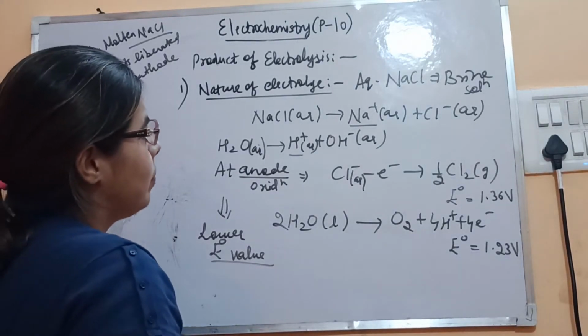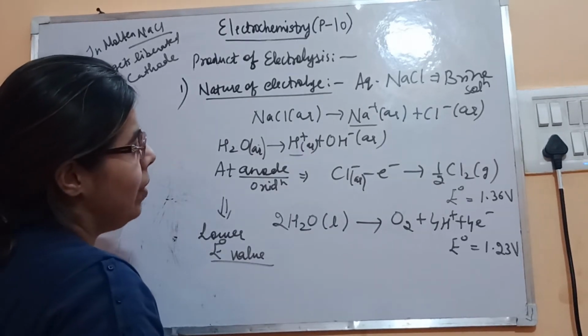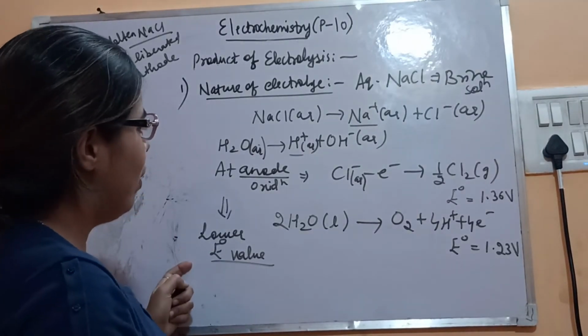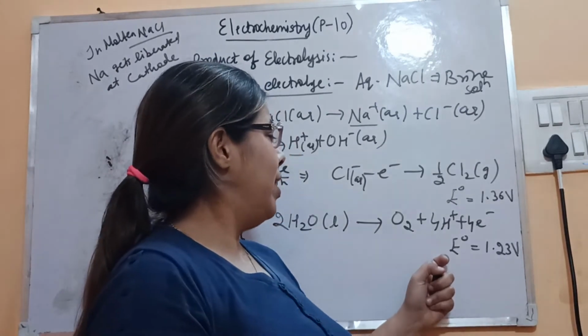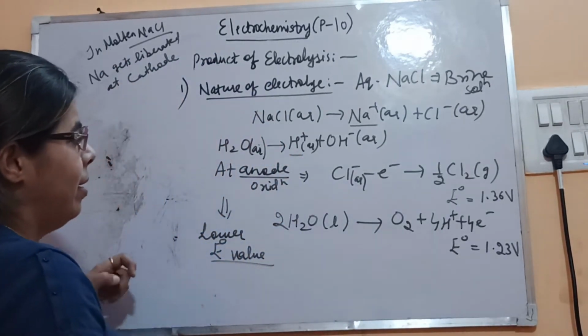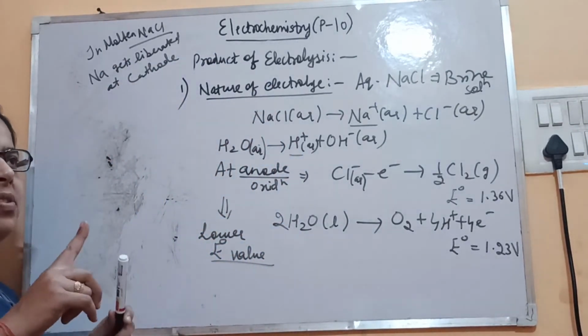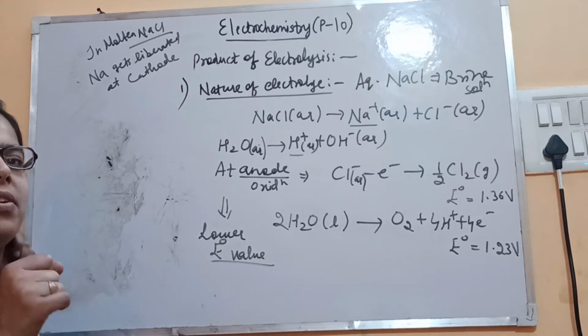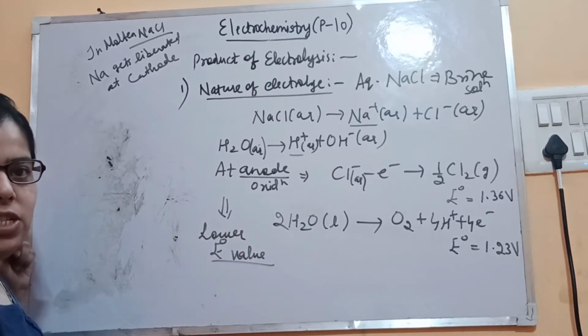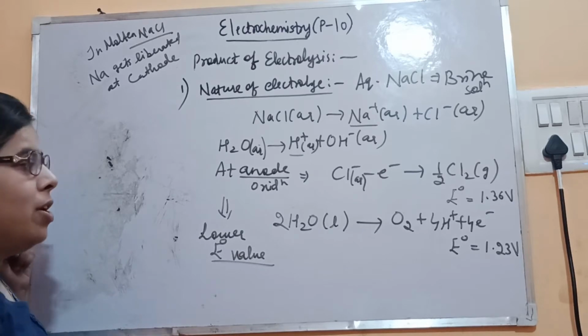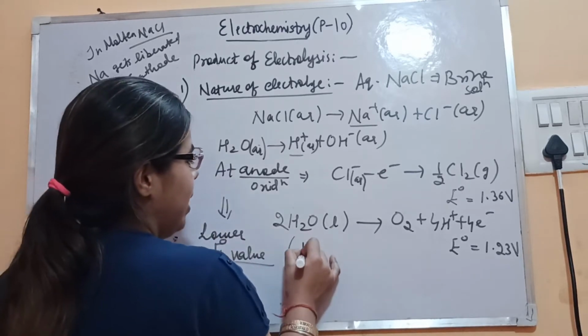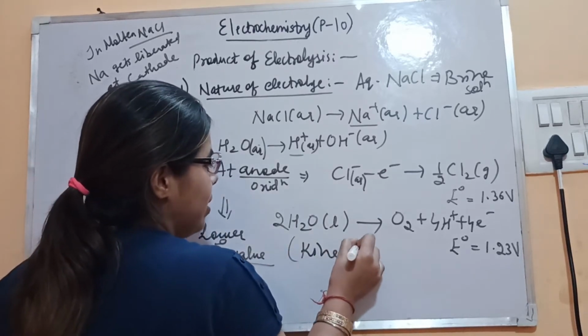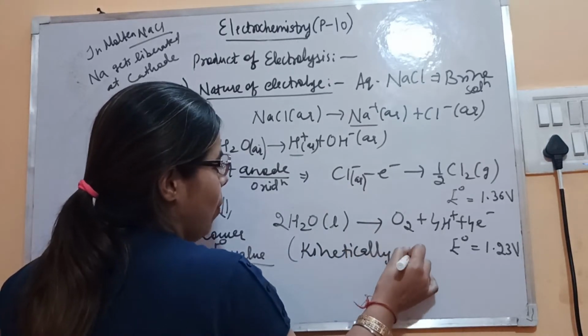Okay. So now you know that water has the lower E naught value, that is oxygen, but we have studied that in a few cases the reaction is slow at the given voltage. So we need to apply the external voltage. This reaction of water is kinetically slow. We'll see what kinetics is.